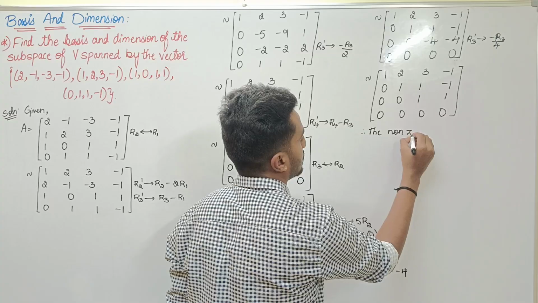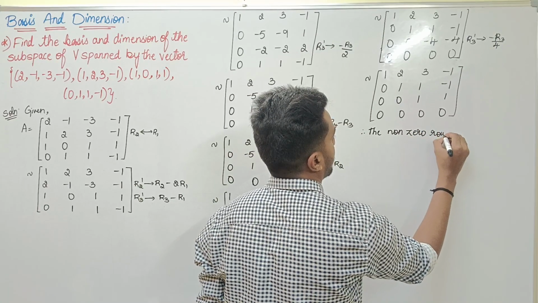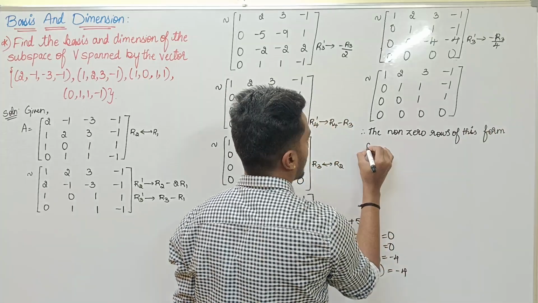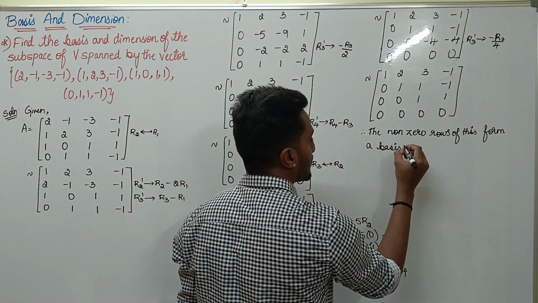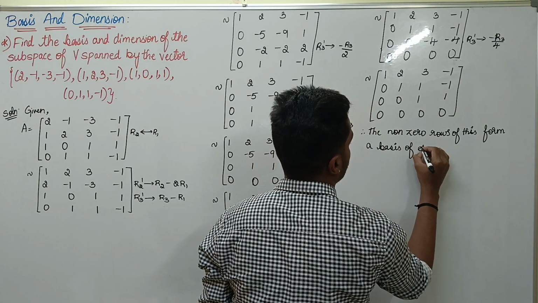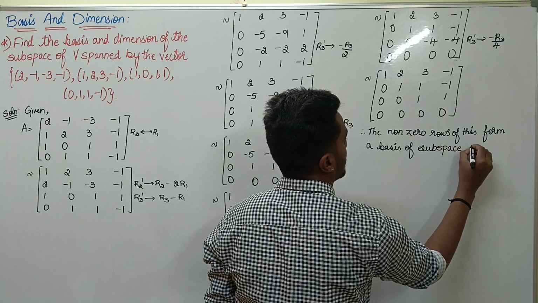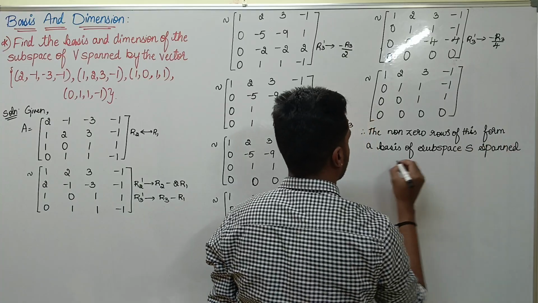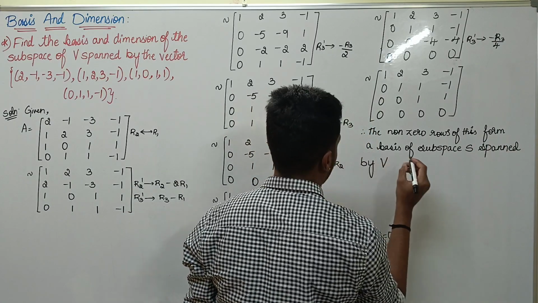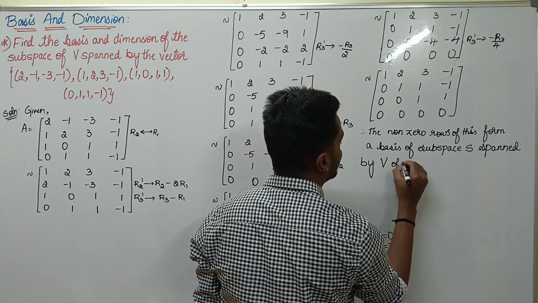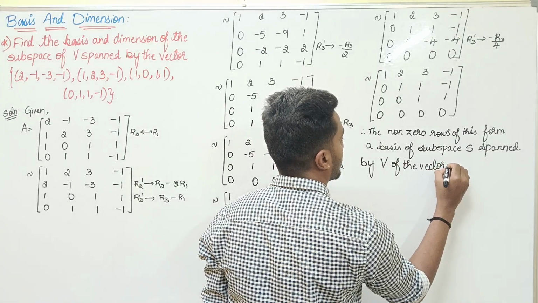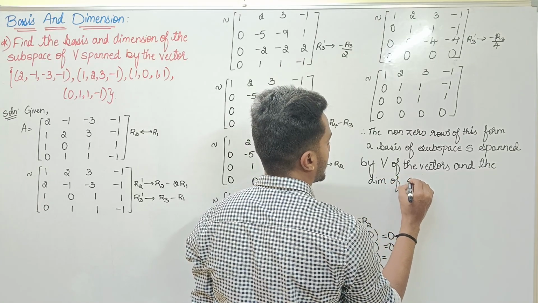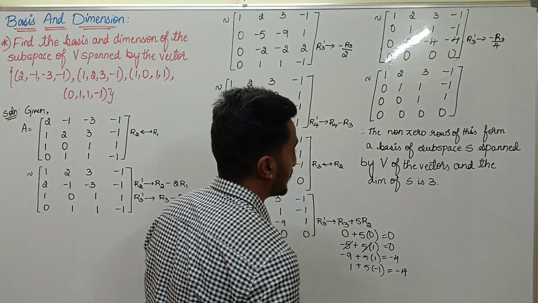The non-zero rows of this form a basis of the subspace S spanned by the vectors, and the dimension of S is 3. Therefore, this is the conclusion.